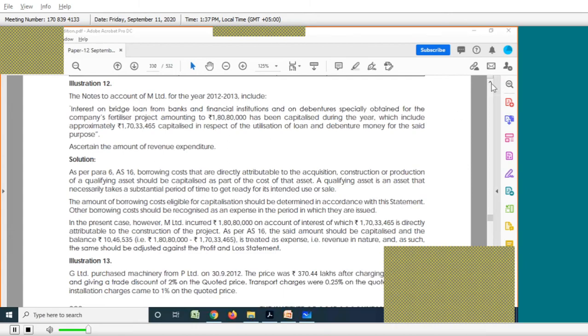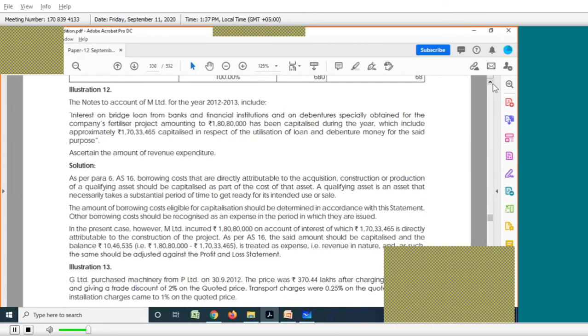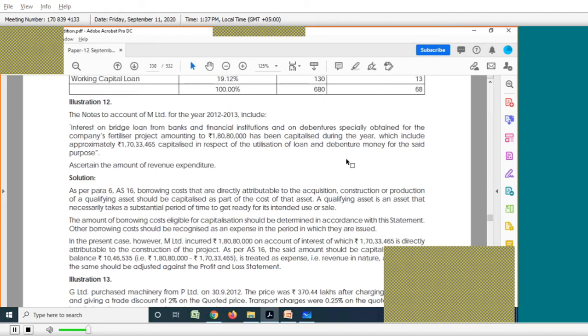Ascertain the amount of revenue expenditure. That is the question.